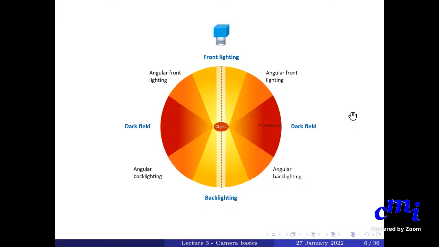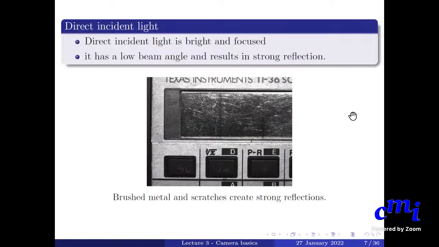So it has a low beam angle and results in a strong reflection. This is something to remember. While it is bright and focused, you can also get something like this, which you may not want. In this example, you can see this reflection caused by the direct lighting.